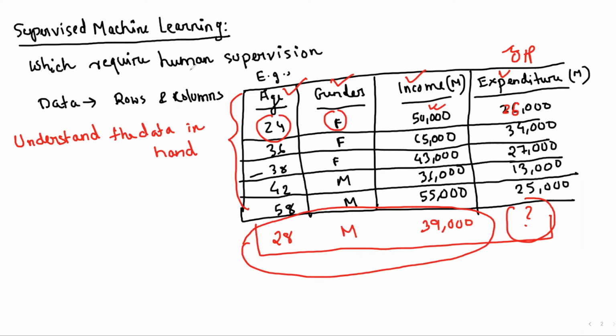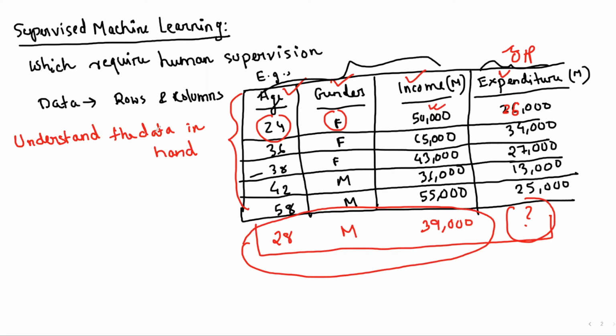As we know, these are all the input features, and this is the output feature, which is something that we need to predict. Whenever any new data comes, these input features will be given to us, and we need to predict the output feature.